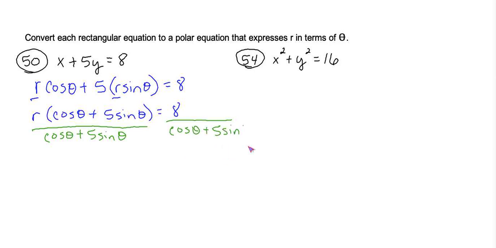And when we do that, of course, all this will divide out, and we'll be left with r equals 8 divided by cosine theta plus 5 sine theta.